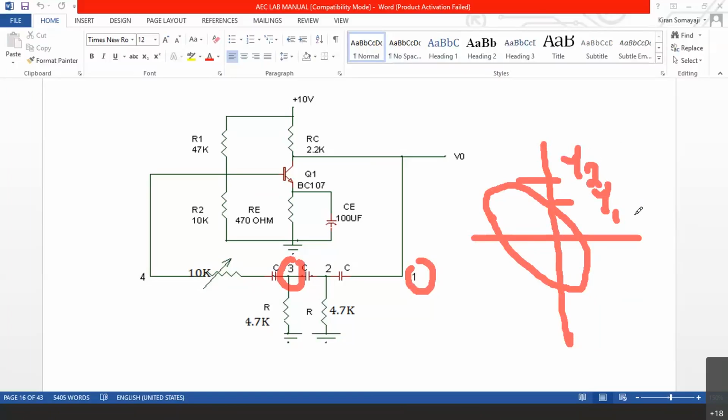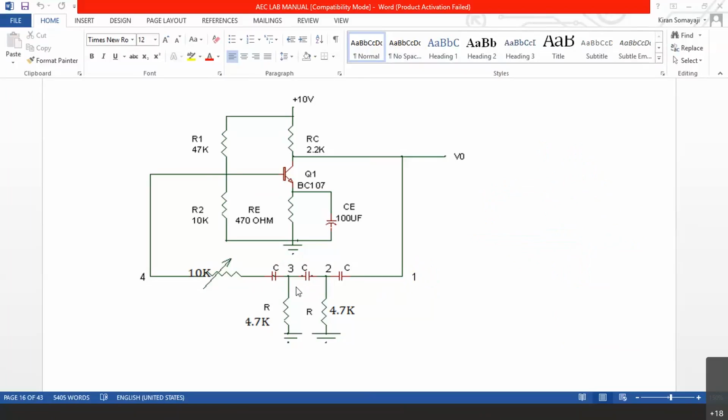So 180 minus whatever value you get, that will be the phase shift between 1 to 3. You will get approximately around 120 degree. So this is how you are going to measure the phase shift between these different segments of the feedback network.